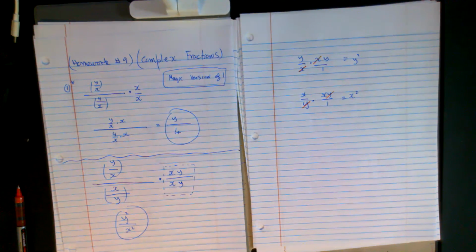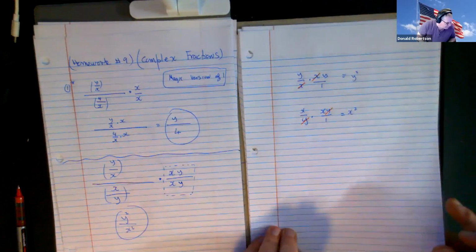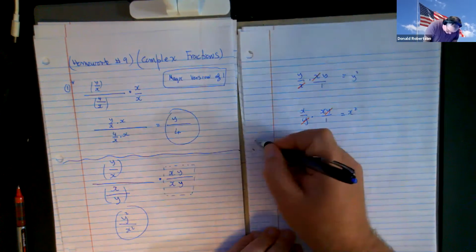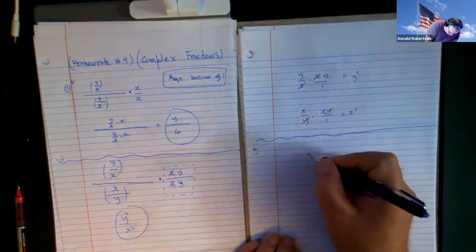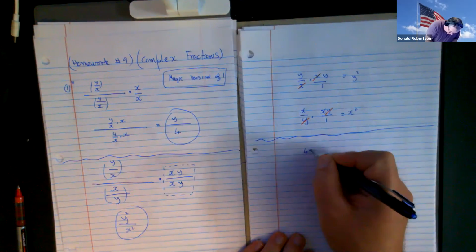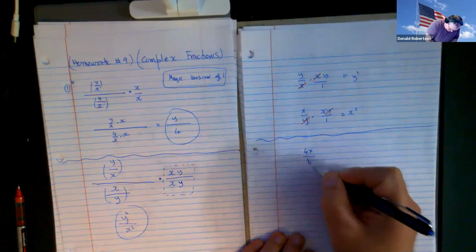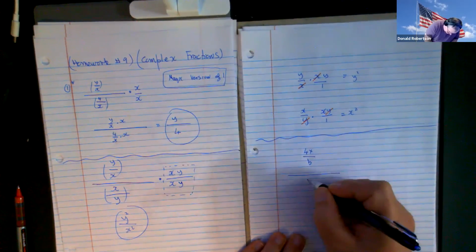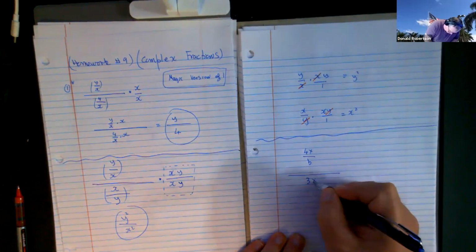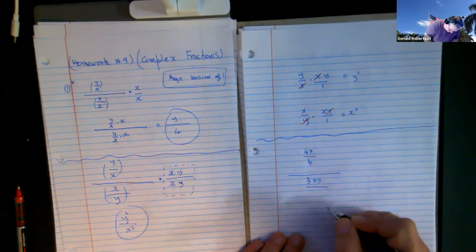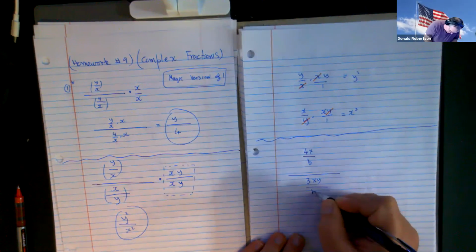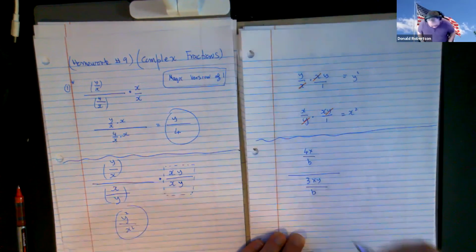Can we do another one of those? Oh God, yes. We're going to do quite a few of those. Right. Let's do 4x over b and 3xy over b.